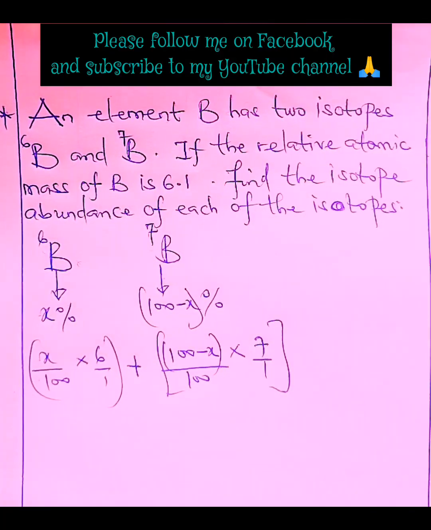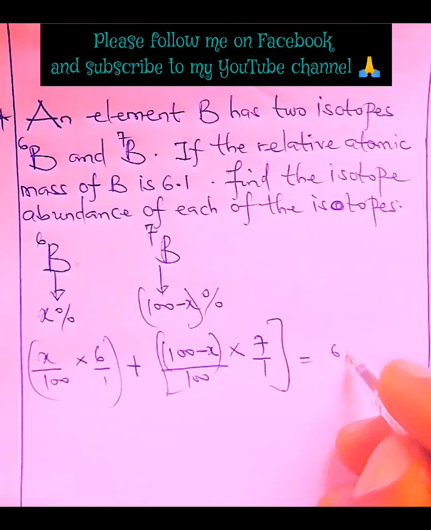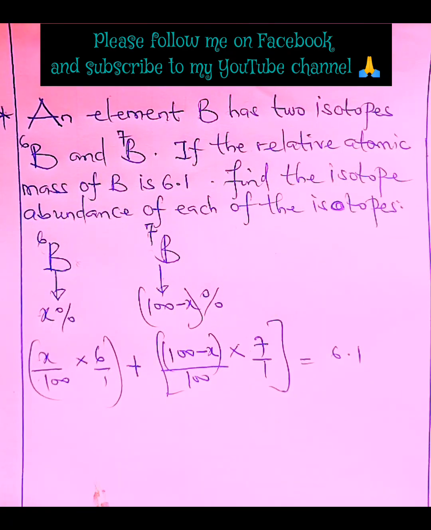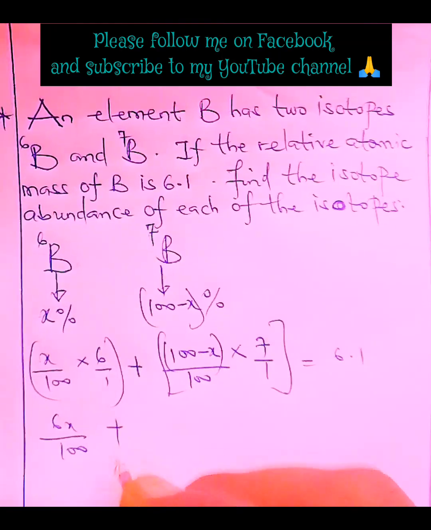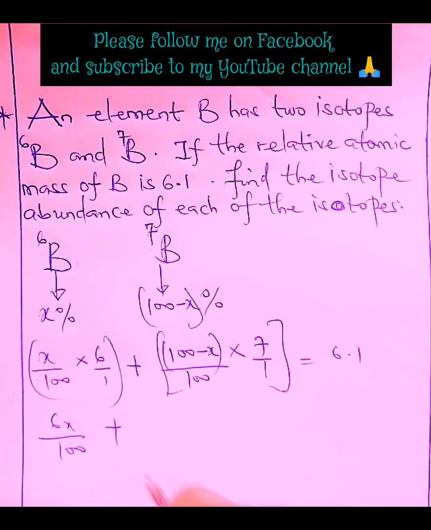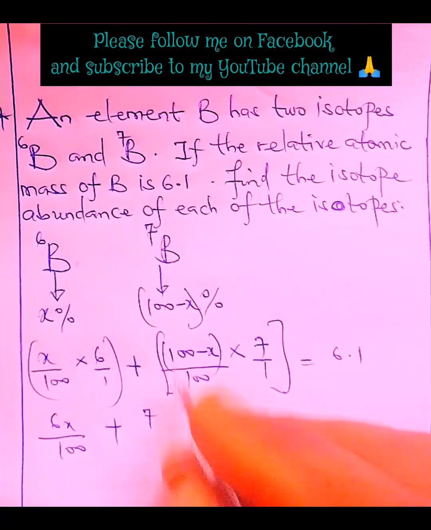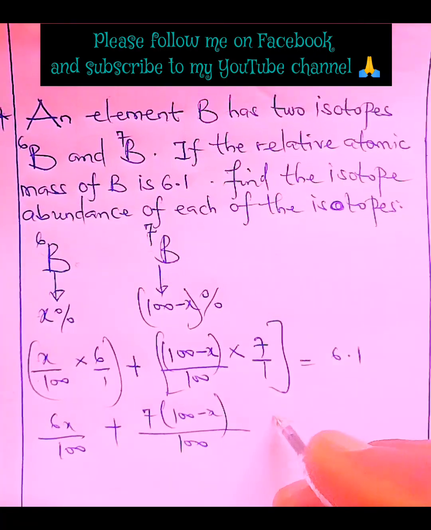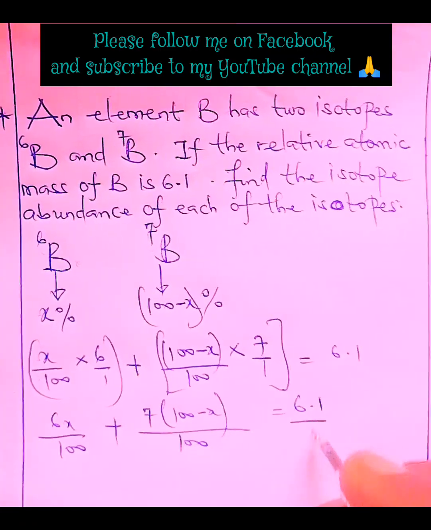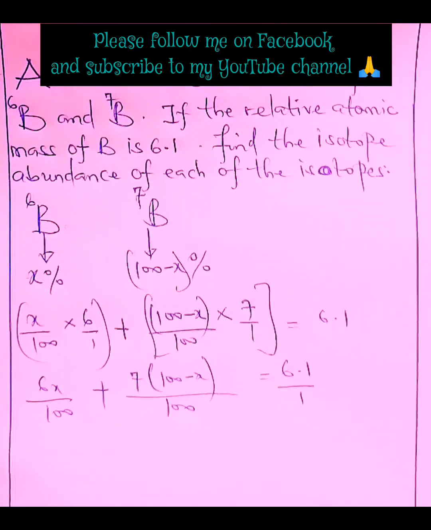So by the time we sum up all of them, we end up with 6.1. So what do we do next? The next thing we do is 6x over 100. You just need your mathematics skills to be up to average for you to understand this. Plus 7 multiplied by 100 minus x over 100 equals 6.1 over 1. So what do we do next?